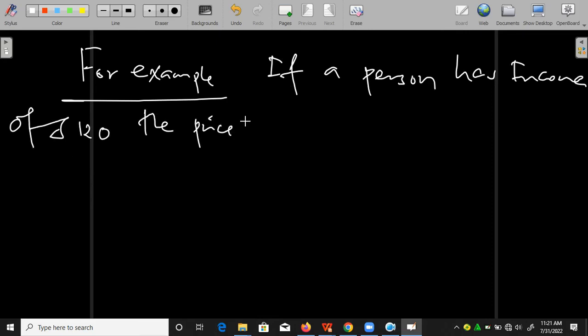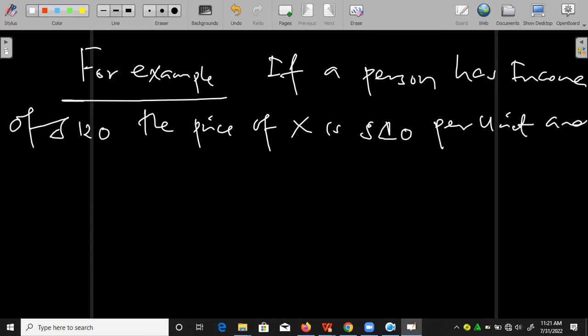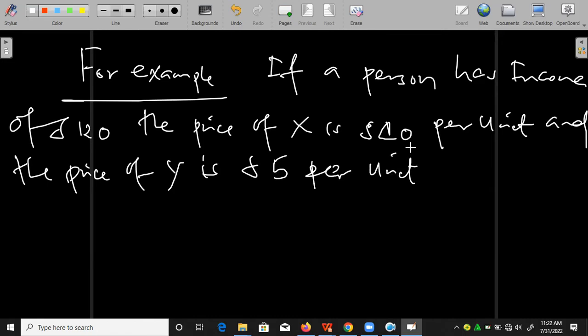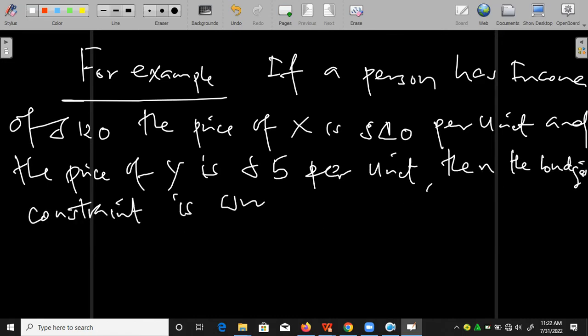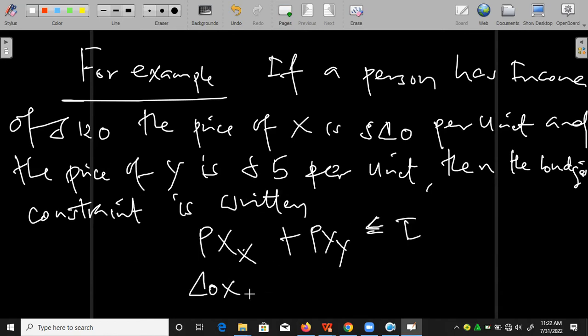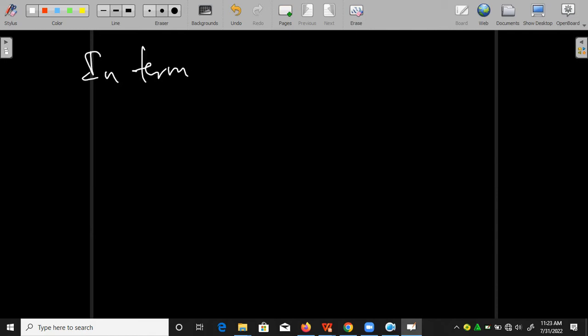If a person has an income of $120, the price of x is $10 per unit and the price of y is $5 per unit, then the budget constraint can be written as: Px times x plus Py times y is less than or equal to income, so we plug in 10x plus 5y is less than or equal to 120, as you can observe.